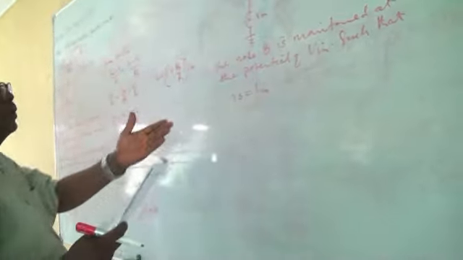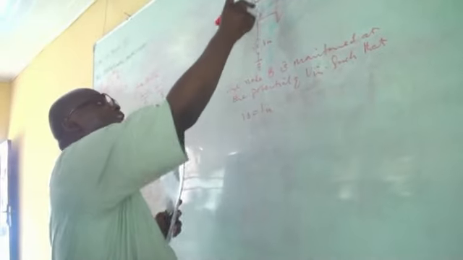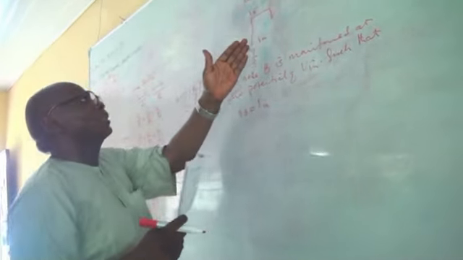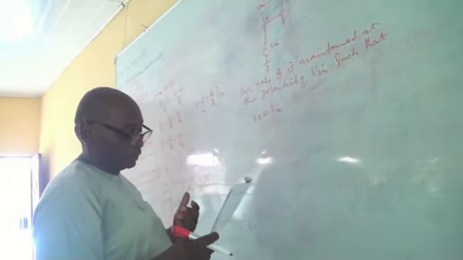By the concept of virtual ground, you know that VA minus VB equals to 0. That is by the concept of virtual ground in this case.